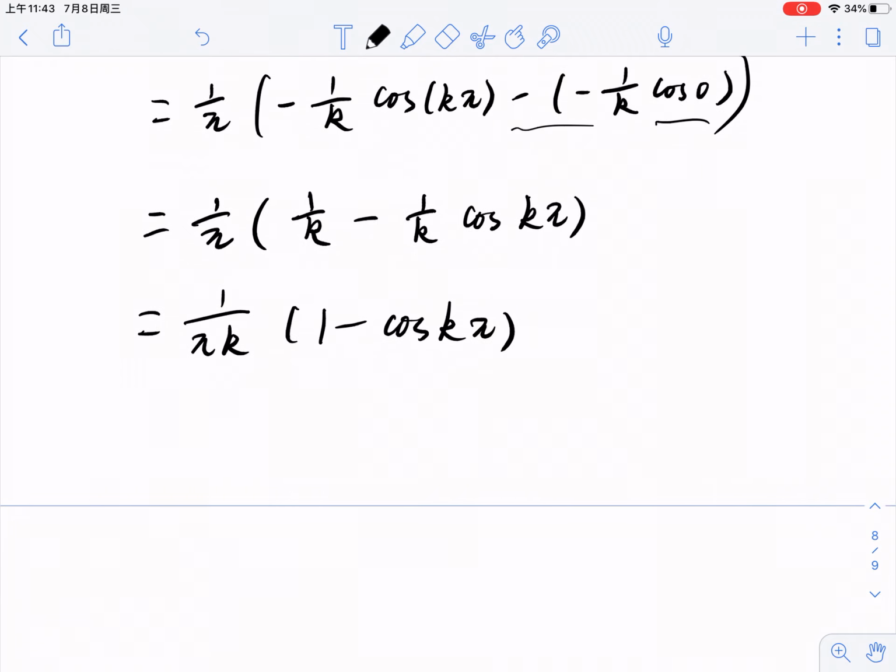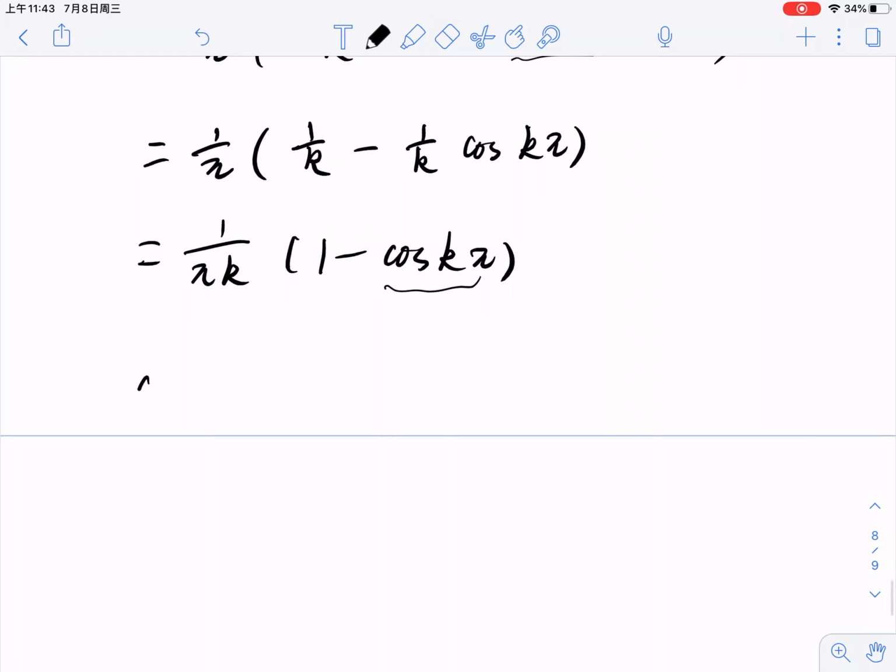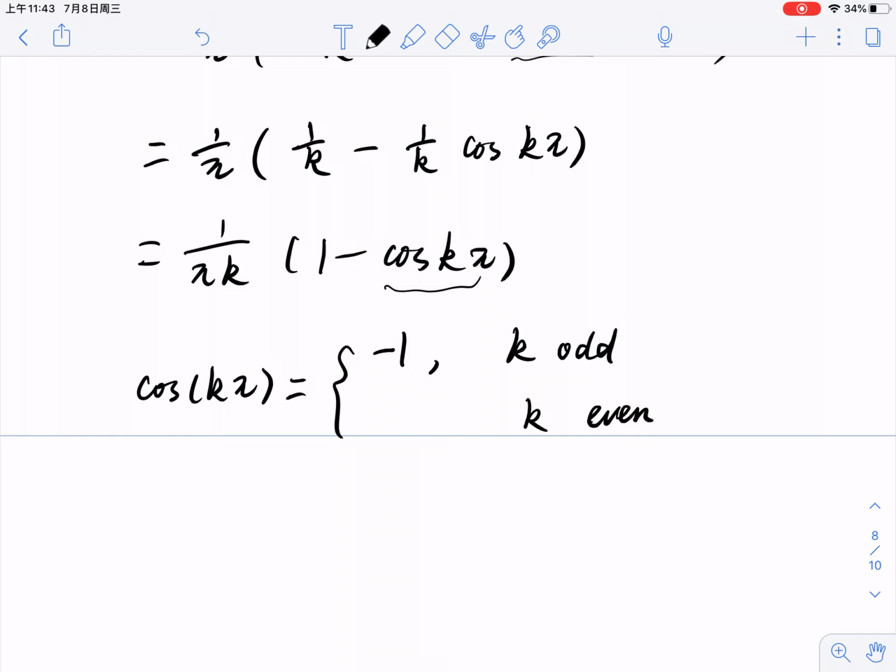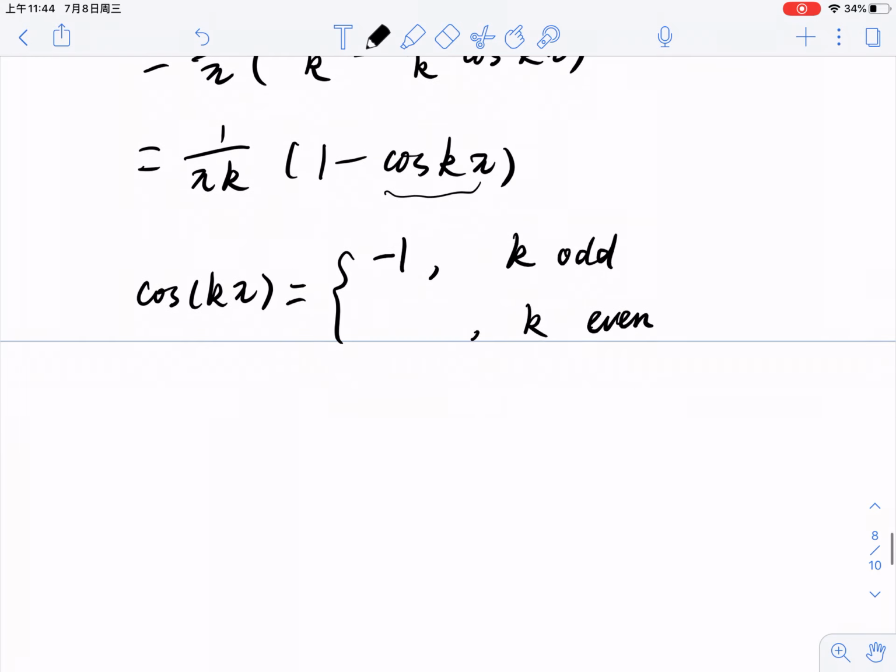Now the cosine k pi, if k is an odd number, for example k is 1, cosine pi is negative 1. So cosine k pi is negative 1 if k is odd. If k is even, for example k is 2, cosine 2 pi is 1.